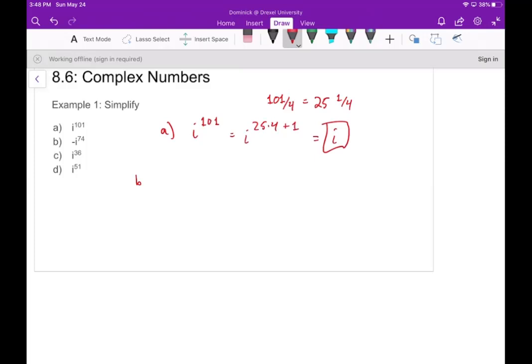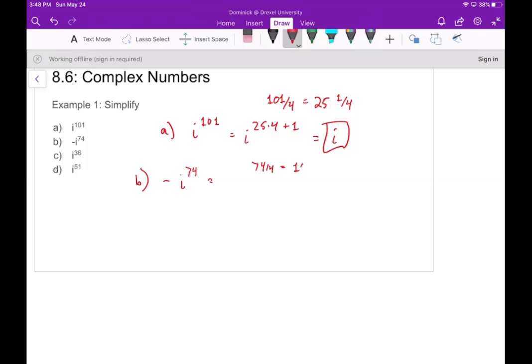Okay, for part B, we have the negative, but that's just going to come through with it. We have i to the 74. Now, if we divide 74 by 4, 4 times 20 would be 80. If we go 19, that would be 76. And if we go 18, that would be 72.